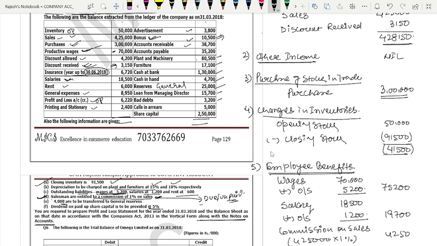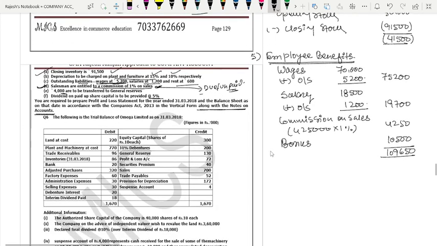There is no adjustment regarding interest on loan. Loan from MD, managing director, is there. But there is no hint of the interest on loan from managing director, neither in adjustment nor in the given information. This means there is no finance cost. Finance cost is nil.